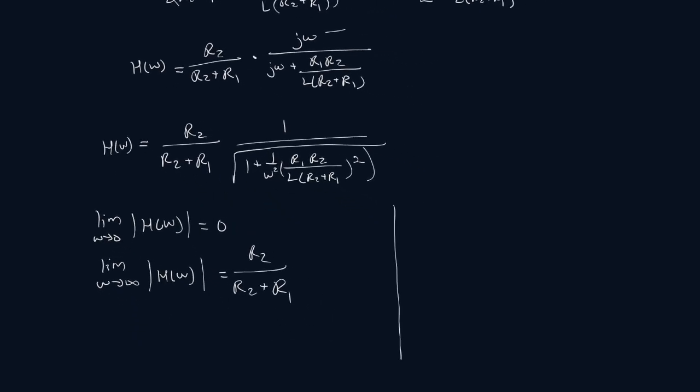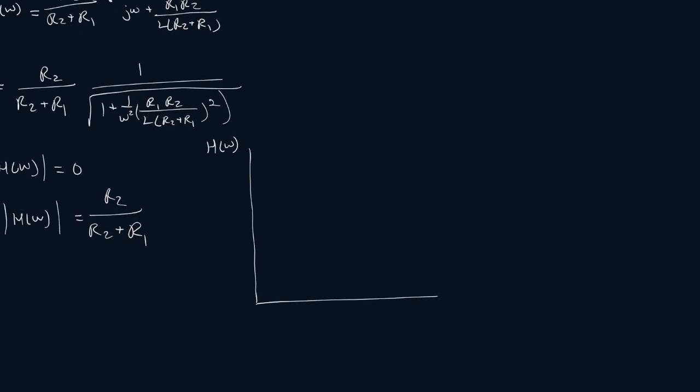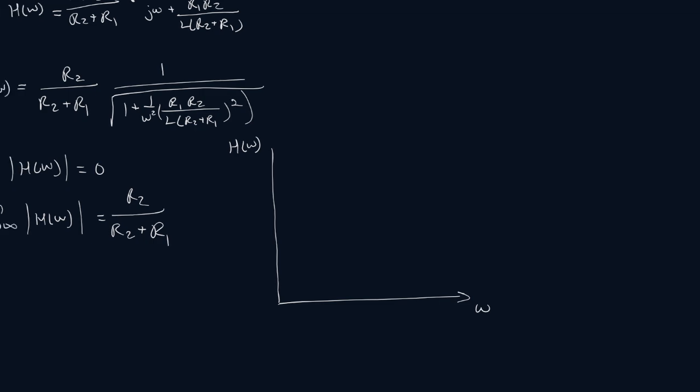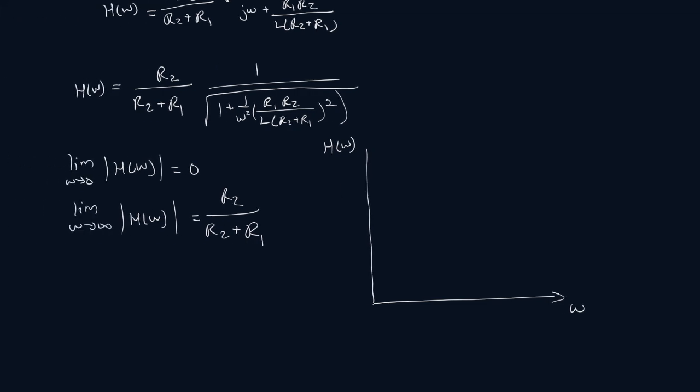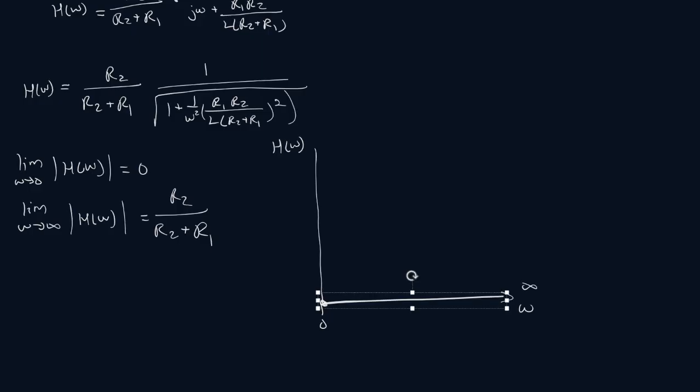So now drawing the Bode plot graph. When W is 0, we're currently at 0. As we approach infinity, we go to 1 times R2 all over R2 plus R1. So if we pretty much increase something like this, we have a saturation point of R2 over R2 plus R1.